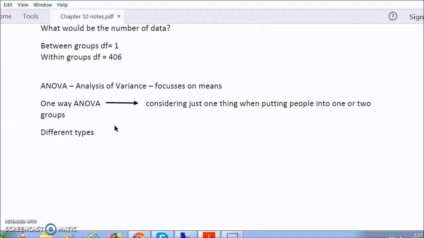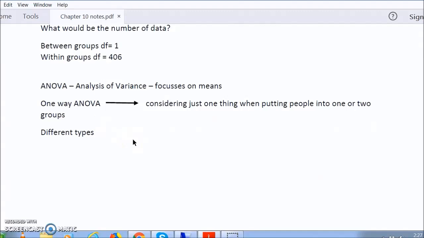That means when you are putting people into groups, we are putting them one way or the other way, like girls or boys. They differ only in one aspect, like gender. So that is what is called one-way ANOVA. You're considering just one thing when you are putting people into one or two groups.